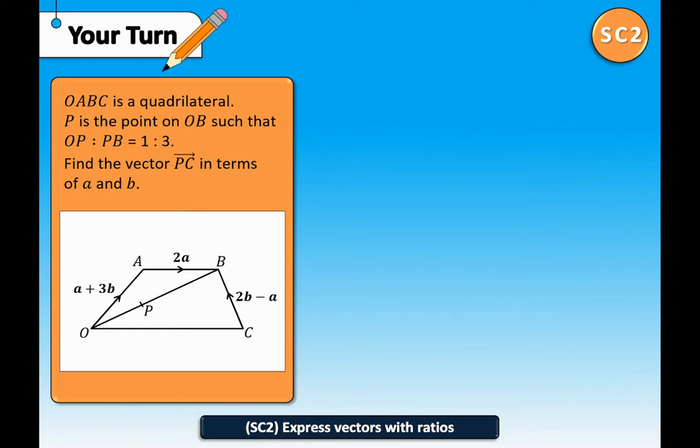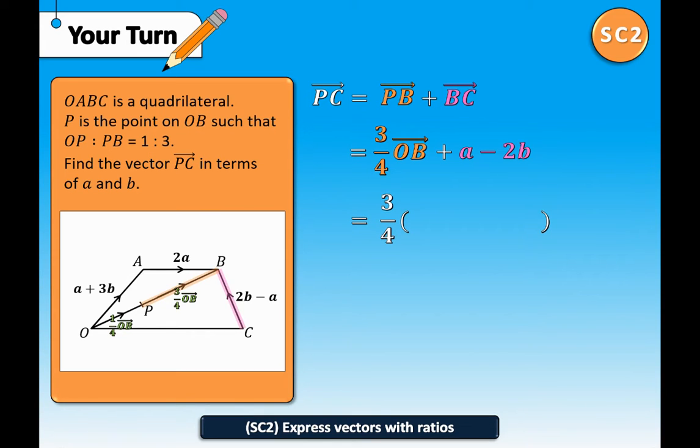For this amber question, we need to find the vector P to C. So P to C is P to B plus B to C. P to B is 3/4 of O to B, and B to C is A minus 2B.